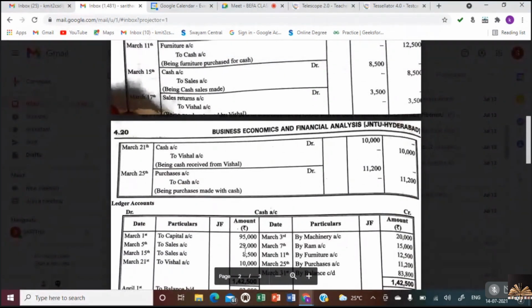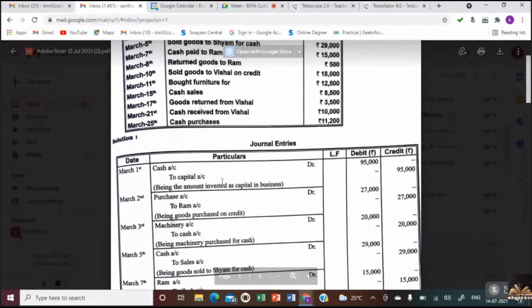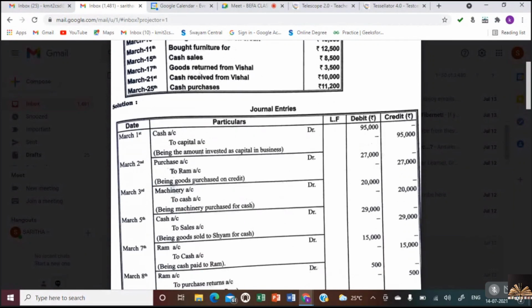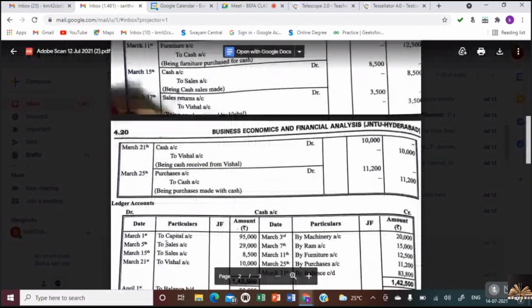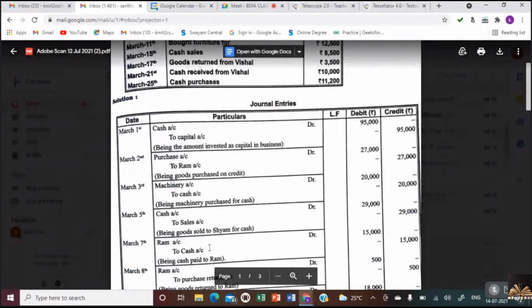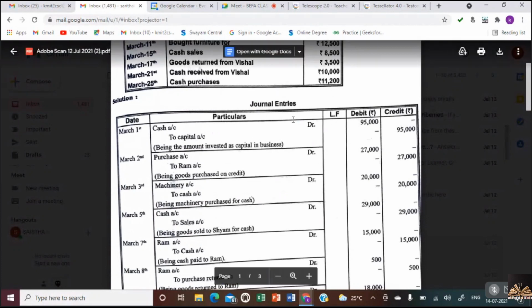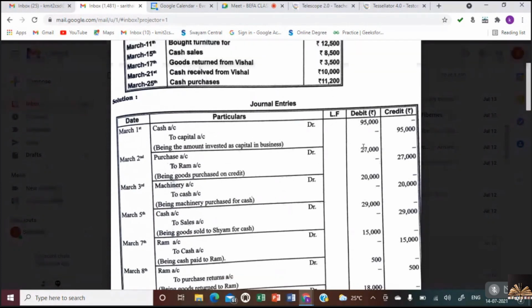Here there are two ways for you to post in the ledger. You can remember two ways. One is, in the cash account we don't write cash. What is the other account? The other account is to capital. Here in the journal entry we have credited the capital account and debited the cash account.